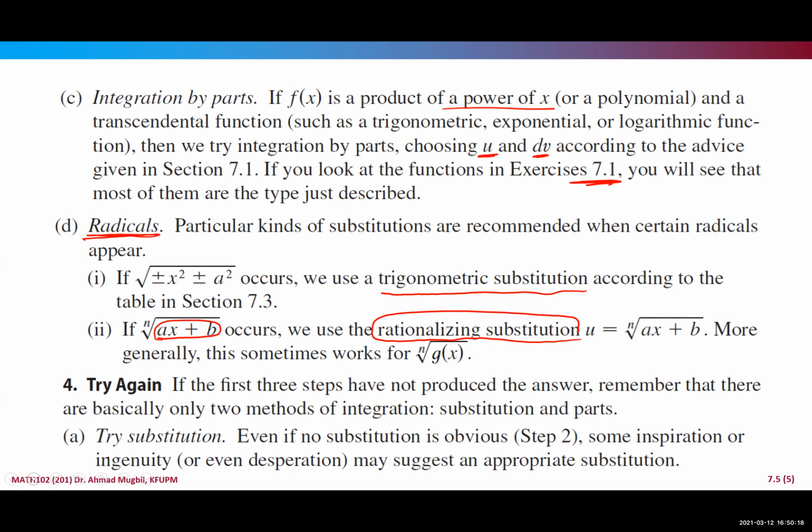You have to be smart when you substitute. You may find a substitution that is more effective than others. Sometimes more than one substitution works, so it is your time to think about which is the good substitution that can make it much easier.